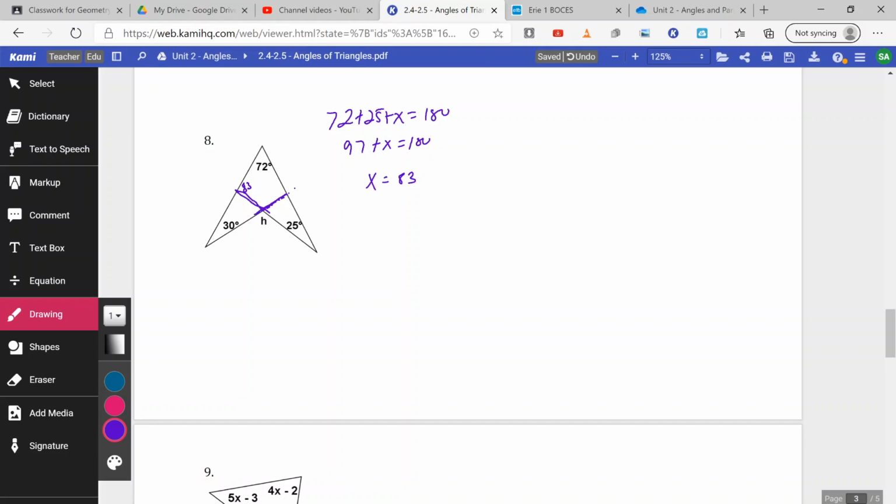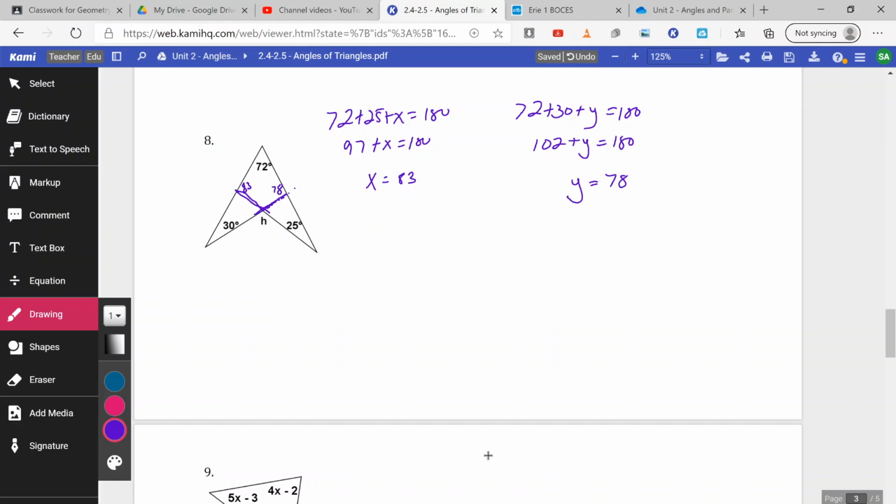And the other triangle would be 72 plus 30 plus y in that corner, going to give me 180. So we get 102 plus y gives me 180. When we subtract 102, we get 78.